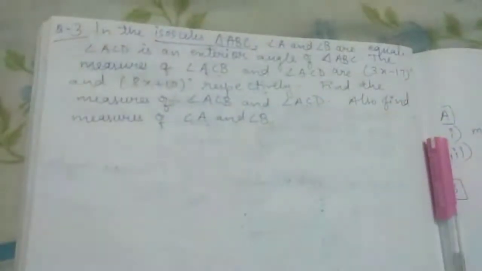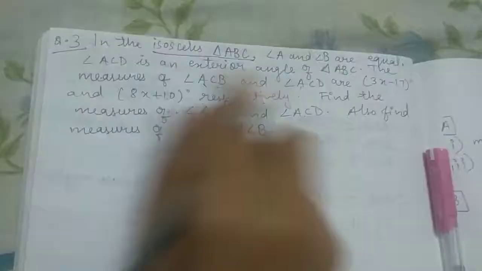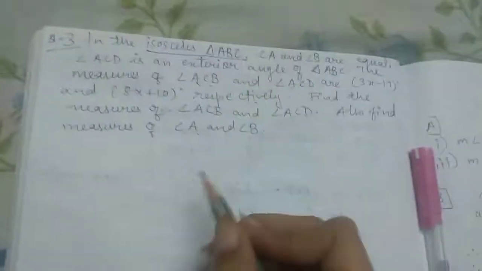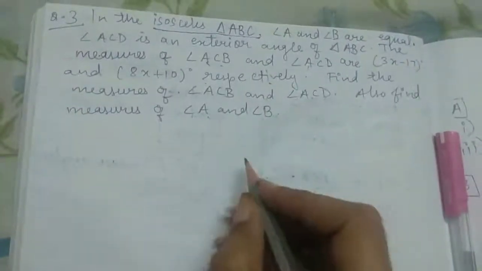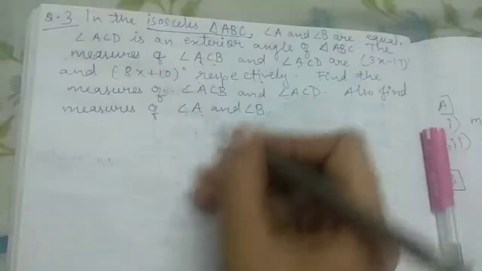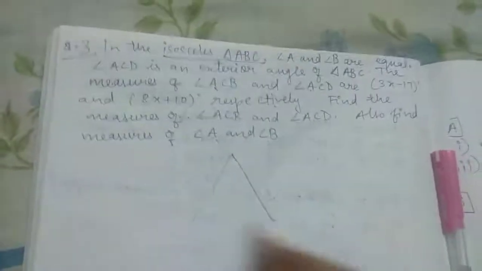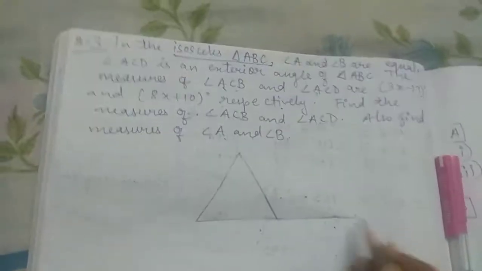Now, the very first thing which we are going to do here is to draw a diagram by reading the question. So it says triangle ABC. Always draw diagram using pencil and a ruler. Right now I can't hold a ruler, so I am drawing a freehand diagram. So triangle ABC.